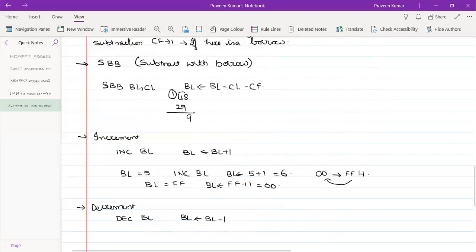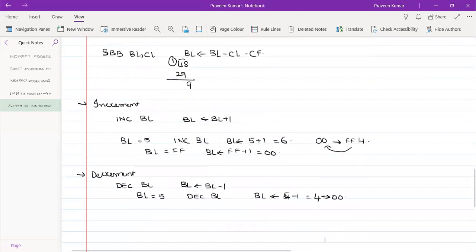I'll take the same example: if BL is equal to 5 and I say decrement BL, then BL will get the value 5 minus 1, that is 4, and so on until 00. If I say more decrements, after reaching 00, it will become minus 1.